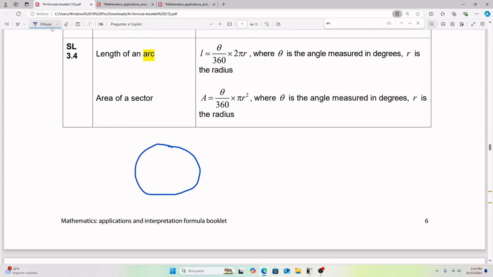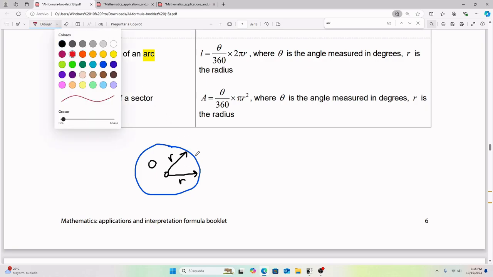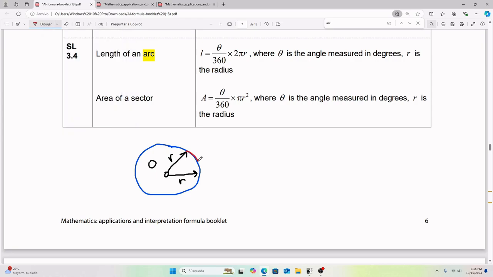If you have a circle like this, and let's say that this is your center O, and then here you go with r, here you go with r. If we're talking about length of an arc, this, for example, could be the length of the arc. And when we're talking about area of a sector, we're talking about this area here. So that is length of an arc, and this area is area of sector.